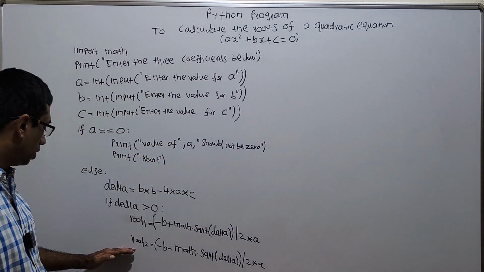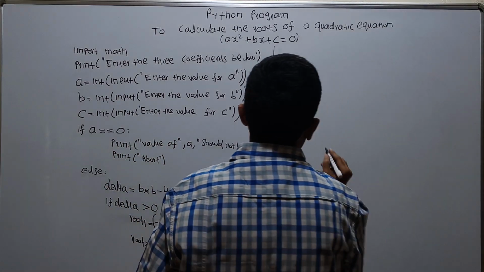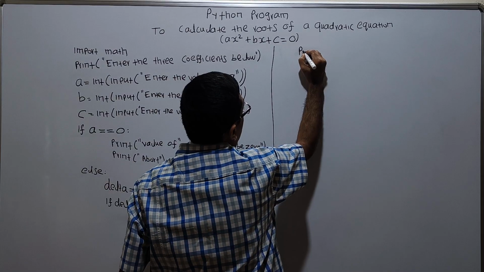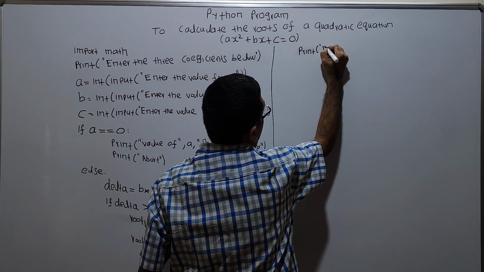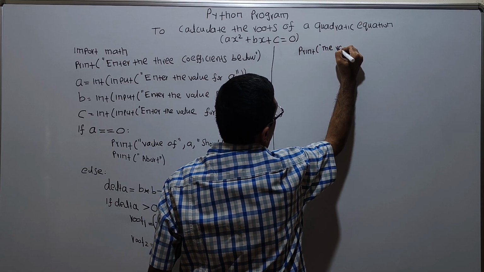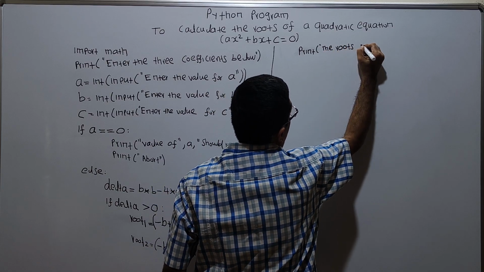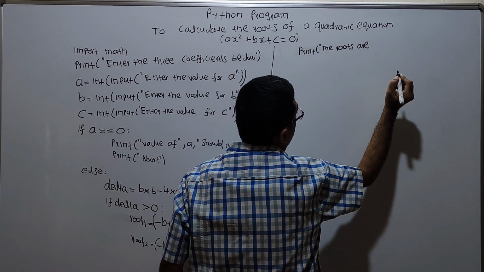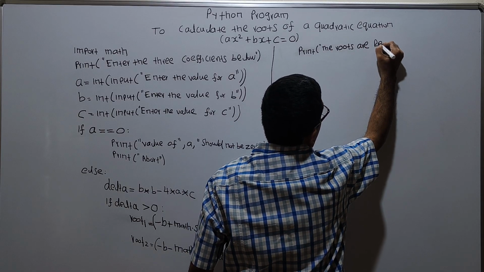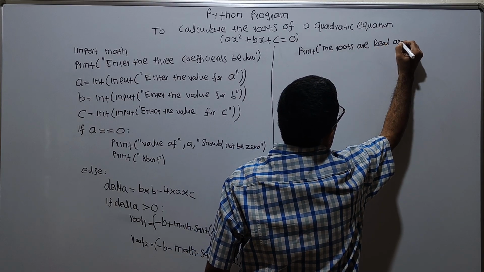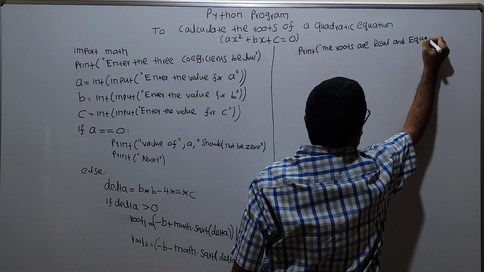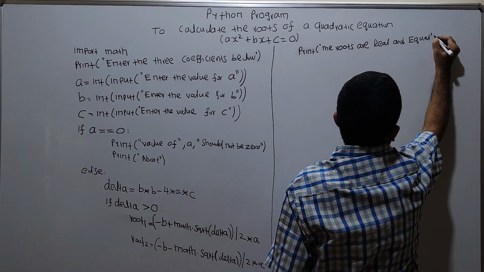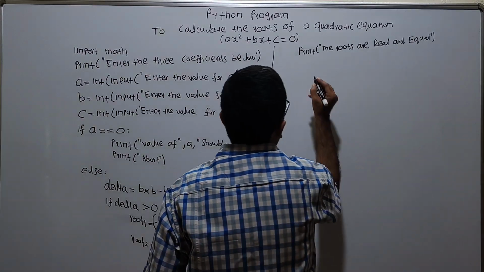I have calculated root 1 and root 2. Now I am going to print the result. Print "the roots are real and equal". I am closing the double quotation and closing the print statement. I am printing the two roots.